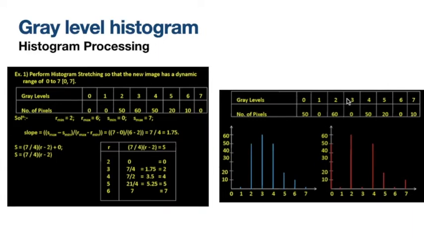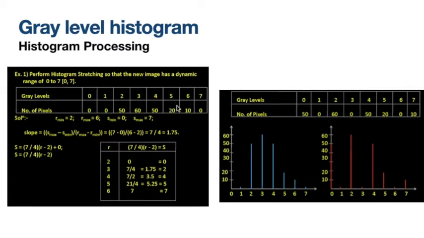Then for gray level 3, there is no 3 in this S, so the number of pixels will be 0. Then S equal to 4 corresponds to R equal to 4, so for gray level 4 the number of pixels is 50.